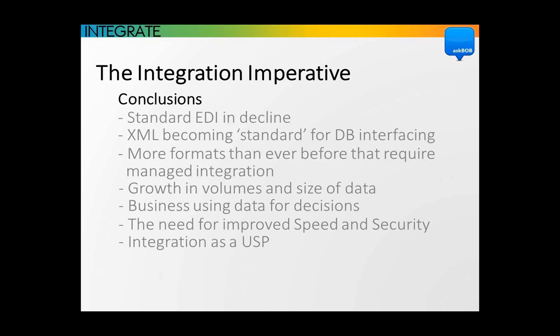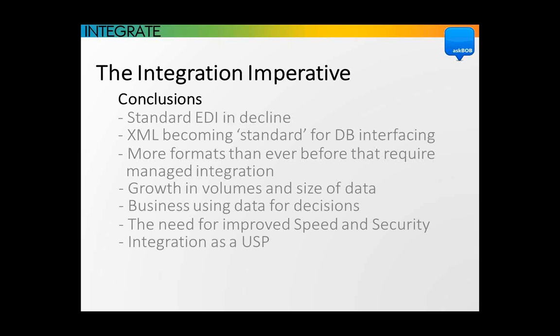In addition, some of these files, or the volume of files we're sending and receiving, could run into gigabytes. As such, the most robust and efficient modes of information transfer should be adopted. Finally, due to the nature of its complexities, integration is being used as a unique selling point by companies who do it well. They're not only retaining key business, but winning new business from those who do it poorly.